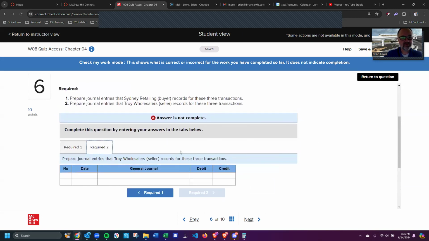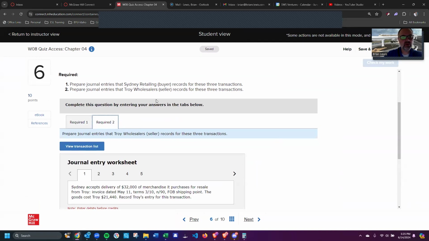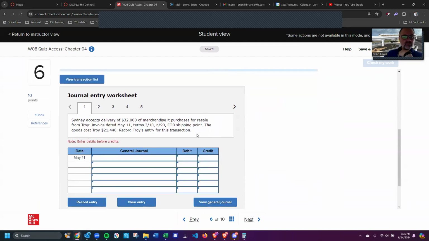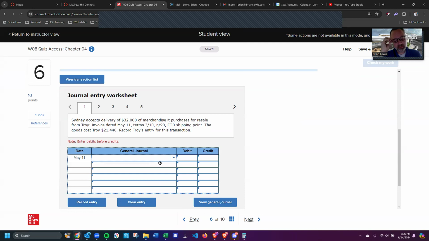Now let's look at number 2. Okay, return to question. So on the Troy wholesaler side, they are going to record 2 things. One, the sale, and then the transfer of cost of goods. So the sale is going to be accounts receivable and revenue.